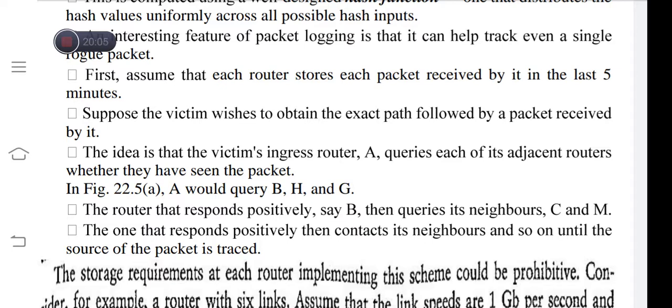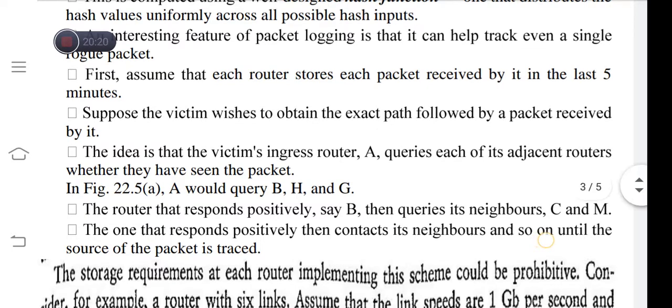Here the idea is that the victim's ingress router queries each of its adjacent routers whether they have seen the packet.